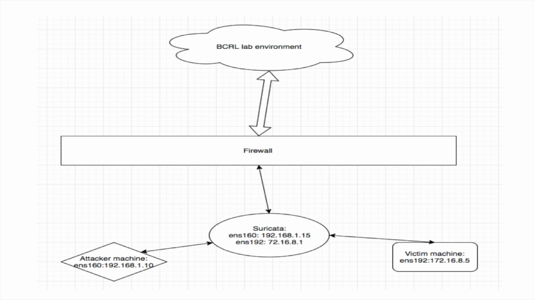For the network I'm going to show you, it is built on top of the BCRL lab environment. We have our network here with Suricata, the attacker machine, and the victim machine.